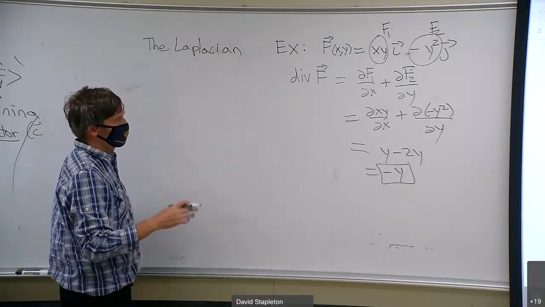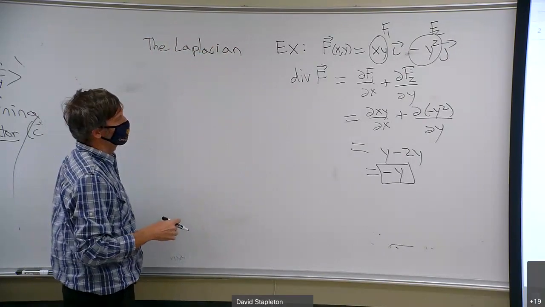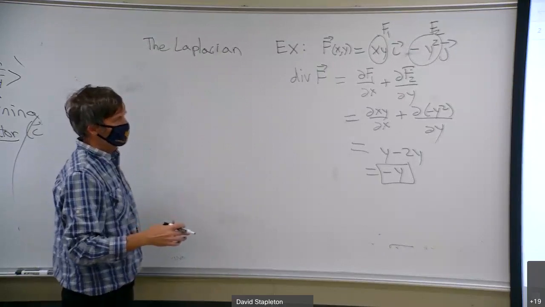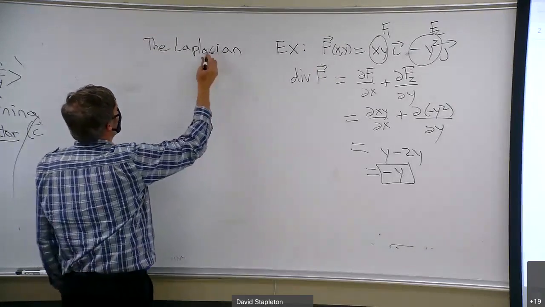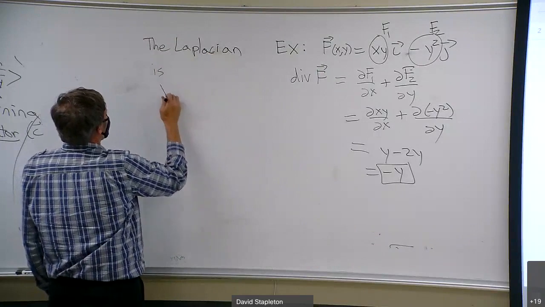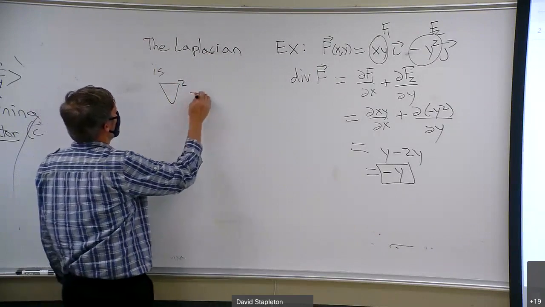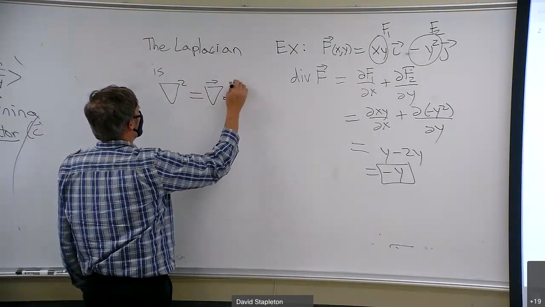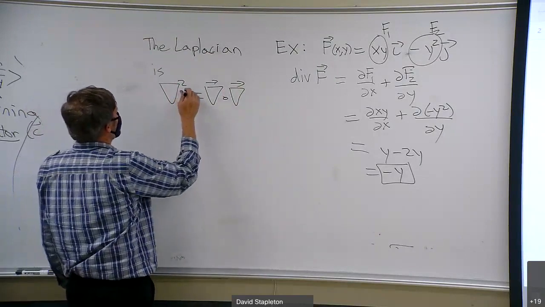They say he was kind of vain at some time, but at the same time, he once wrote to somebody, read Euler, he's the master of us all, so he at least recognized Euler was a better mathematician. The Laplacian is the following, we write del squared. And this means del dot del. And we can apply that then to a function.